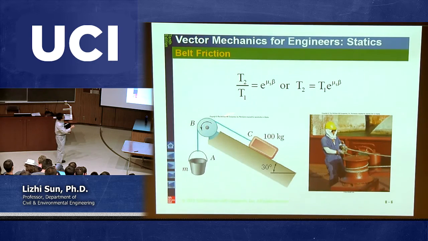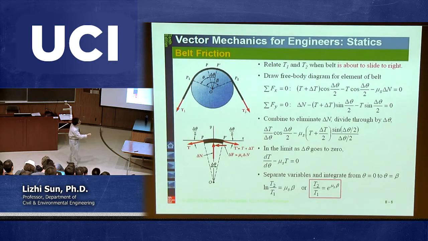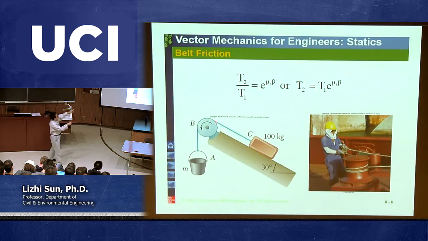Once you measure this angle, you use the exponential function, multiplying the coefficient of friction and the angle beta. Well, they didn't draw beta. This is the beta, or you can go back to look at the original picture. It's called beta. And then you can build a relation between these two cable forces.